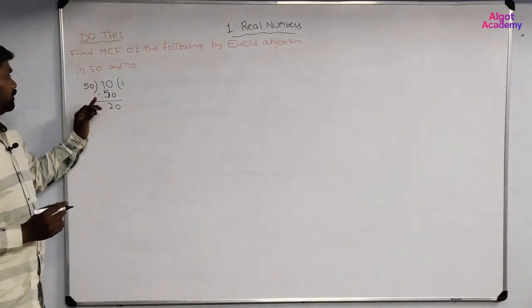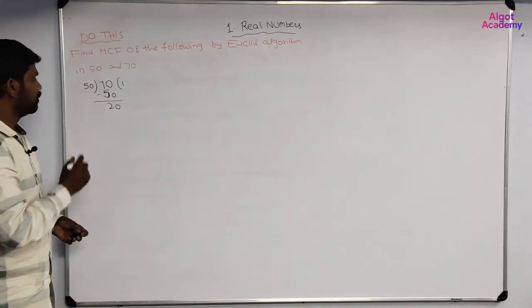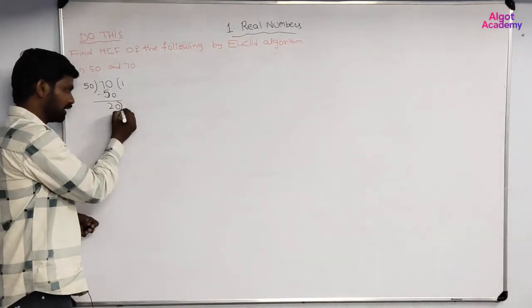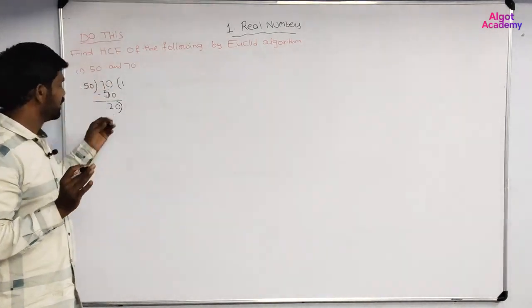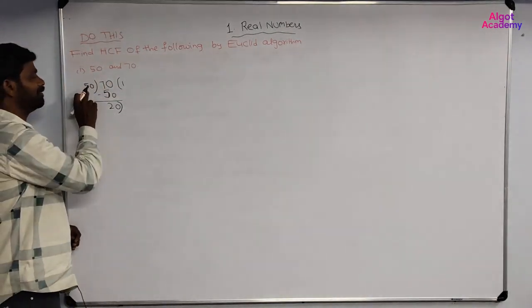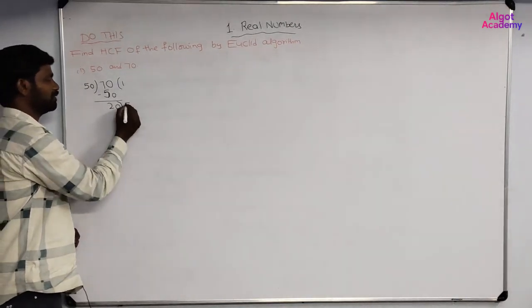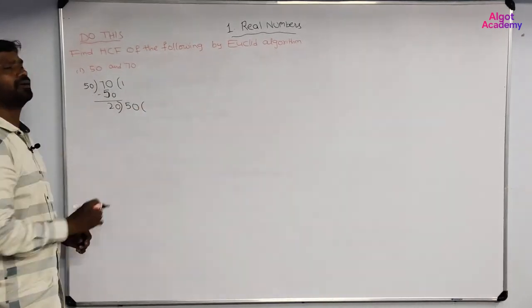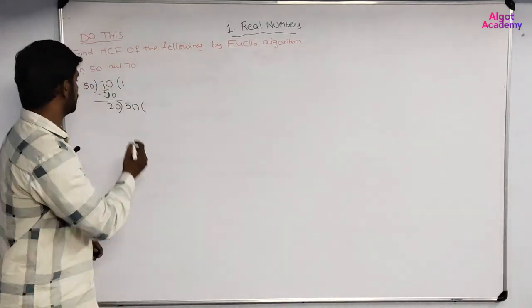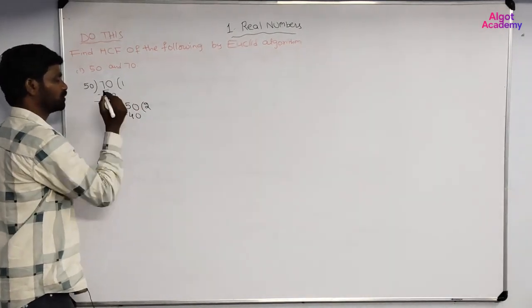As we know, this is a common division. Now here, whatever remainder we got, the 20 becomes the divisor and 50 becomes the dividend. Now divide 50 by the divisor 20. 20 twos are 40.